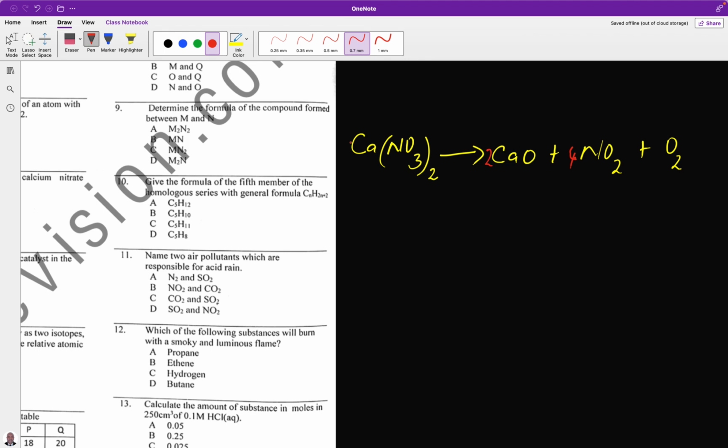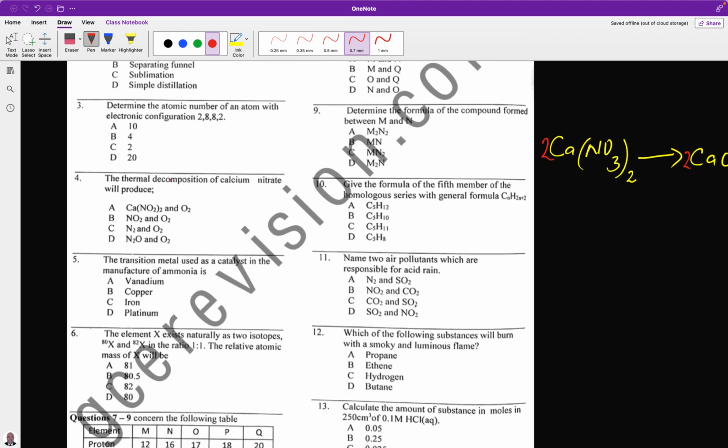So our products will be nitrogen dioxide and oxygen, which is B. Question number 4, the answer is B.